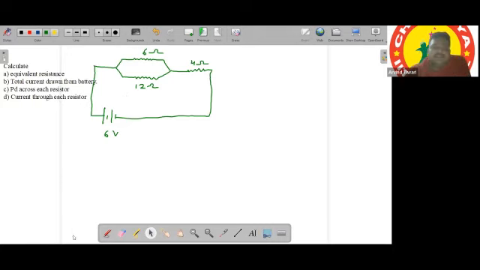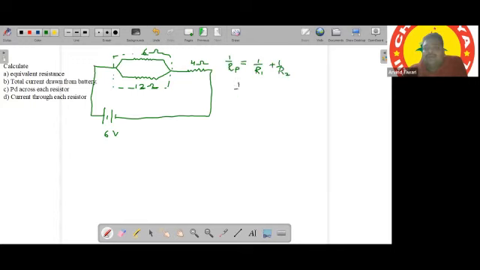See, the first one, we need to compute the equivalent resistance. For this, we divide it into two parts. The first part consists of a parallel combination, and the second part is a single resistance. In this parallel combination, the resultant is given by 1 by Rp equals 1 by R1 plus 1 by R2.